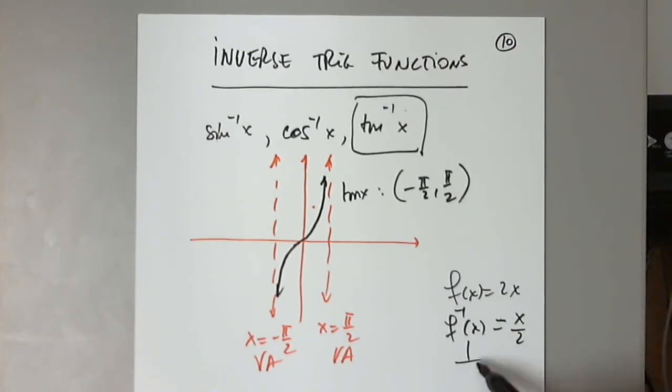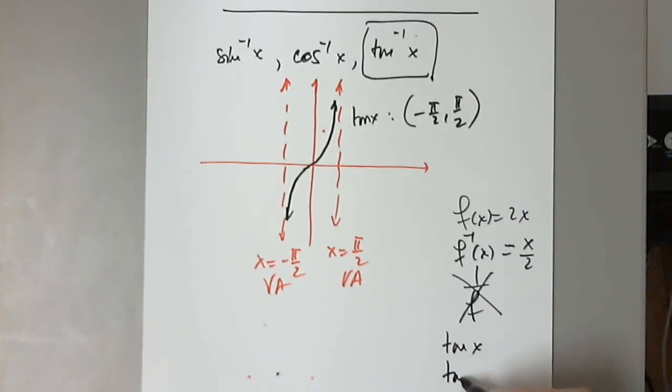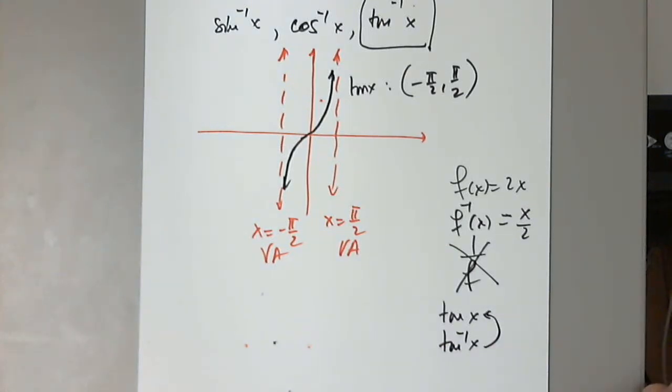But this does not mean 1 over f. So when we talk about the function tangent and tangent inverse, we only mean that this is the inverse function of that. We don't mean 1 over tangent. But it can be confusing. I completely agree.